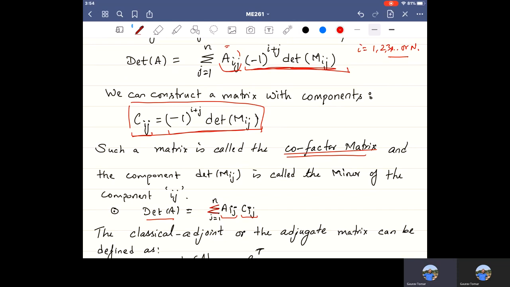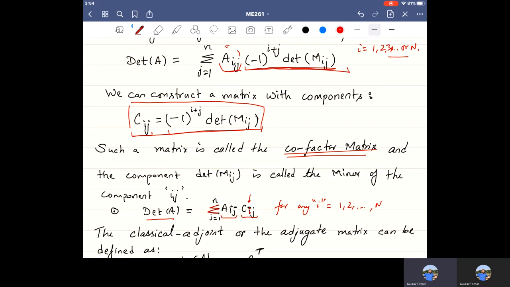And for any i, you can pick any i, but you have to pick the corresponding values of cij corresponding to that particular i also. Okay. So for any i from 1 to n, that will give you the determinant.